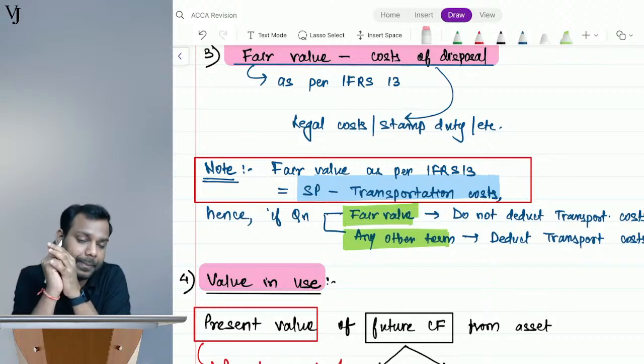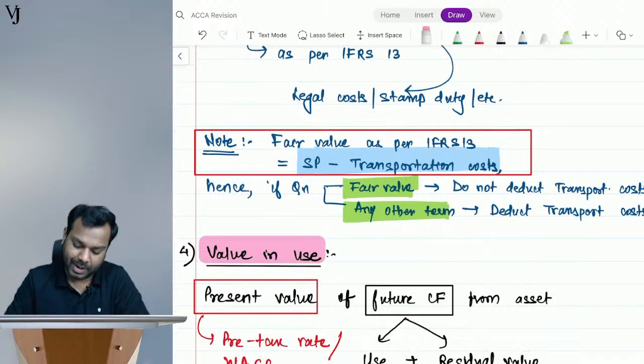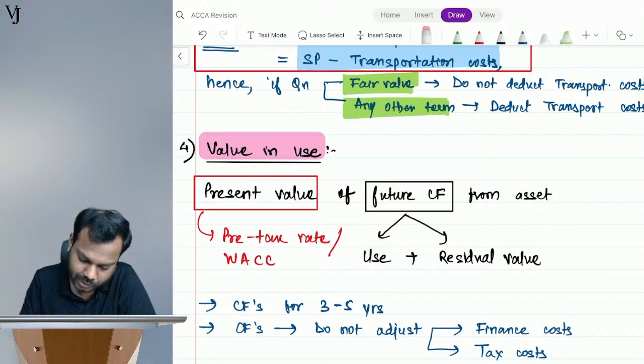From fair value, yes. Okay, let me take up an example for you.